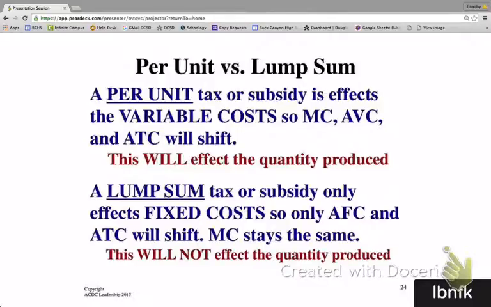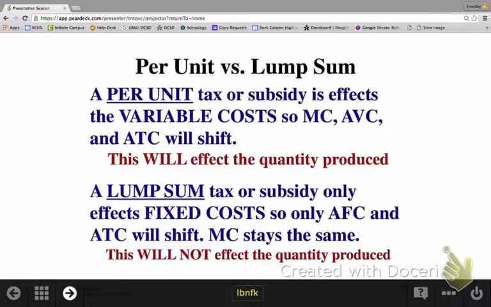Marginal cost will stay the same, and therefore this will not affect the quantity produced. So a per unit tax and a lump sum tax affect the quantity produced in different ways. One will affect the quantity produced, the other will not.